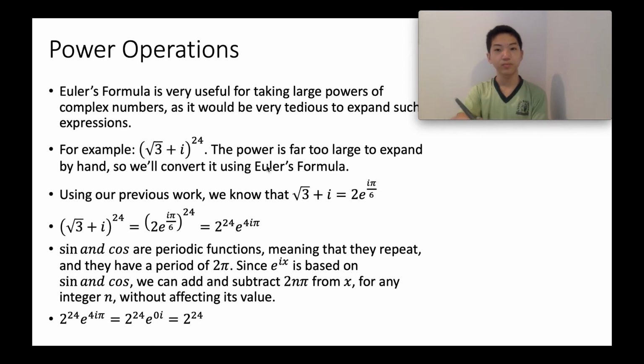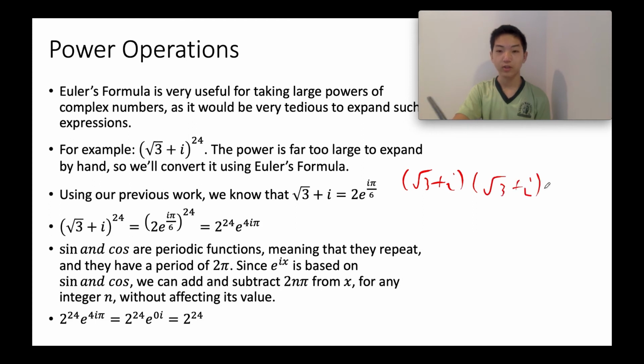This just makes it much easier, because it would take a very long time if you were to write out radical 3 plus i 24 times and then multiply it all by hand. That'd take way too long. So we'll just convert it using Euler's formula.